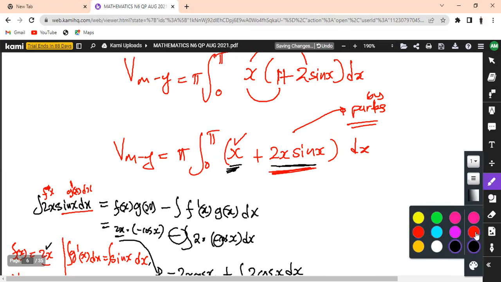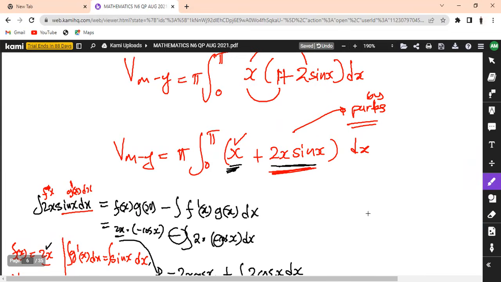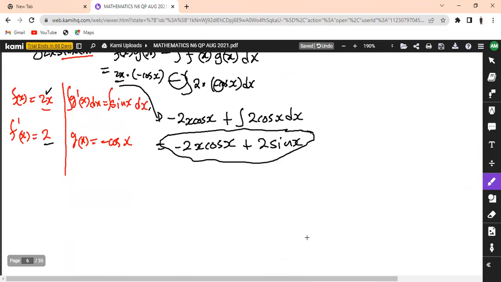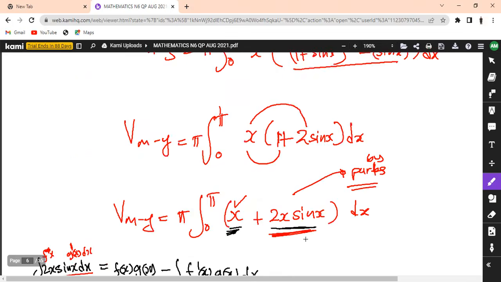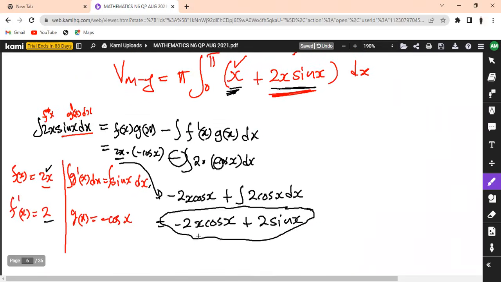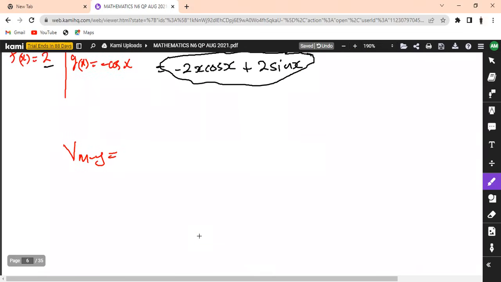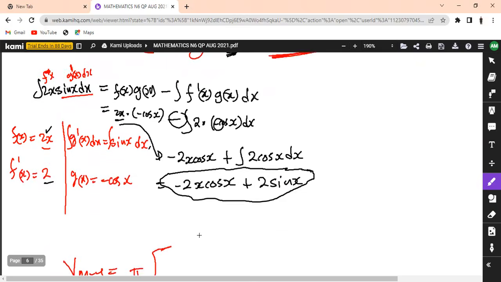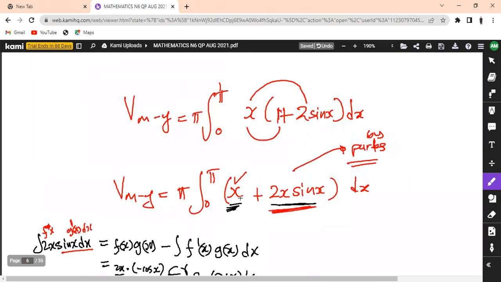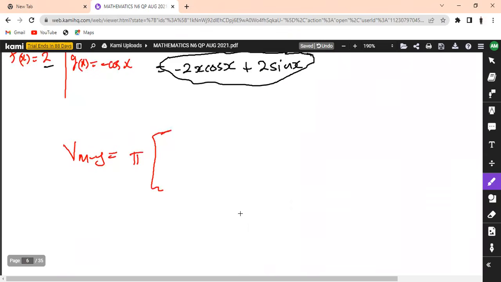So that means our volume moment is going to be here. Let's just write it here. So our volume moment with respect to y is going to be, take note here, we had pi. So we are going to write our pi here. So it was pi, the integral of, then we integrate x, and we know that x is x squared over 2. If we integrate this, we are going to have x squared over 2.